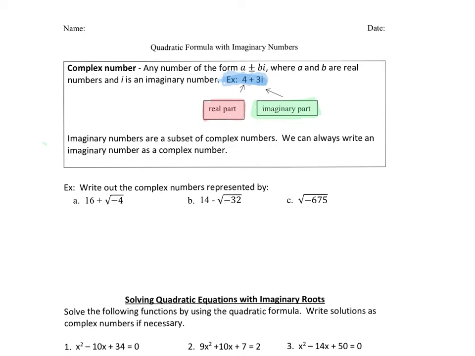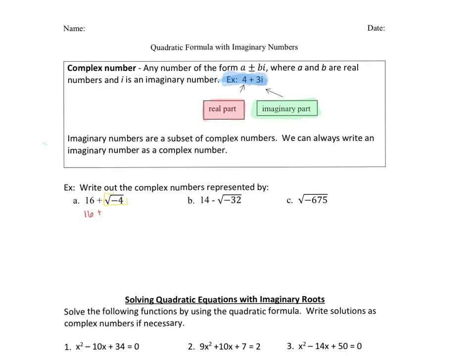So the good part about using a complex number is one part is never going to change. So in this first example, example A, we have the real part. The real part of this problem is 16. And 16 is never going to change. So I'm just going to keep writing 16. So 16 plus. Now, here is where my imaginary number comes into play, okay?